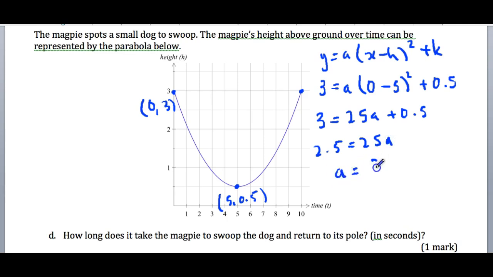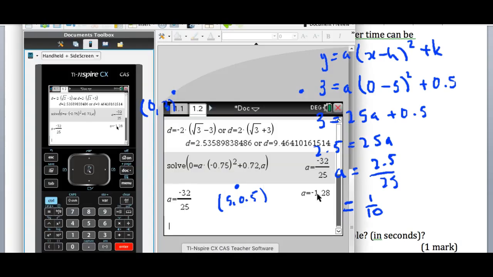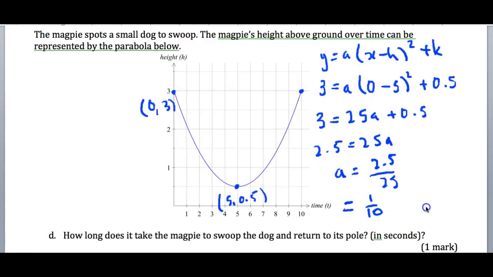So a equals 2.5 divided by 25, which is 1/10. Is that right? I think so. How come I always doubt myself? 2.5 over 25. Yeah. Okay. So we found the value of a.